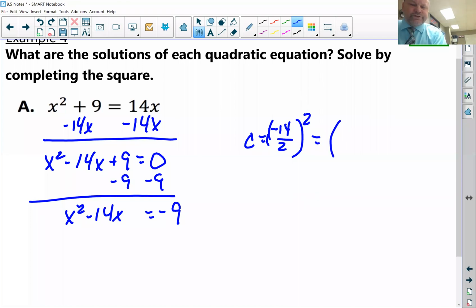Negative 14 divided by 2 is negative 7. And negative 7 squared is positive 49.